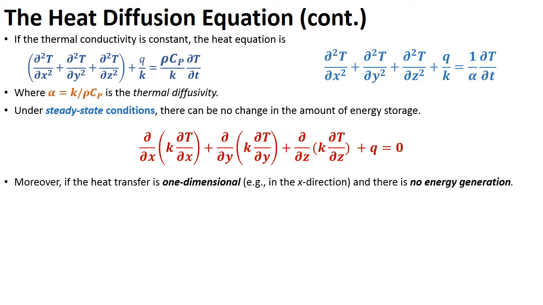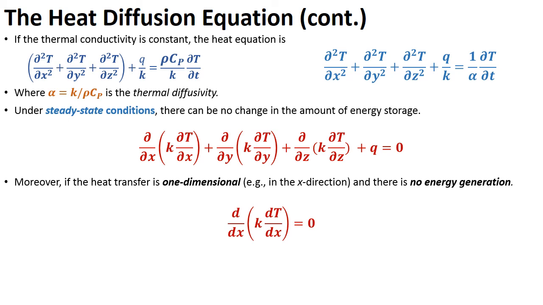Moreover, if there is heat transfer in one dimension and no energy will be generated, and we are going to consider that heat will transfer only in the x direction, we can write the heat diffusion equation in a simplified form: d over dx times k dT over dx is equal to 0.